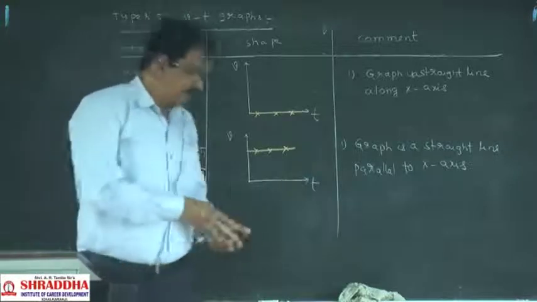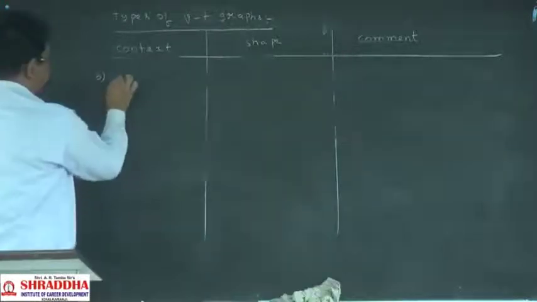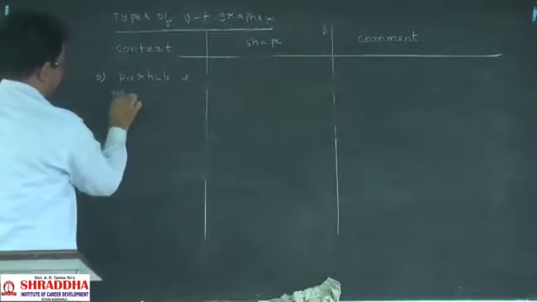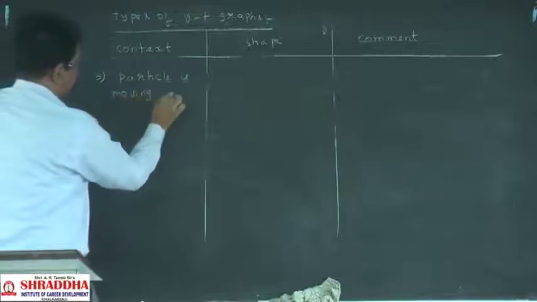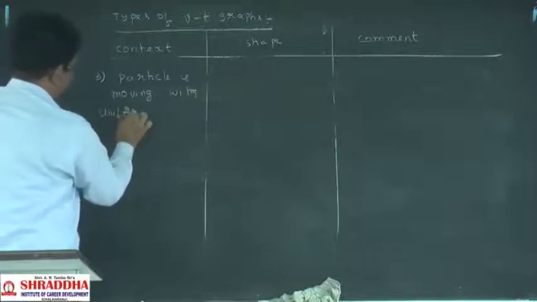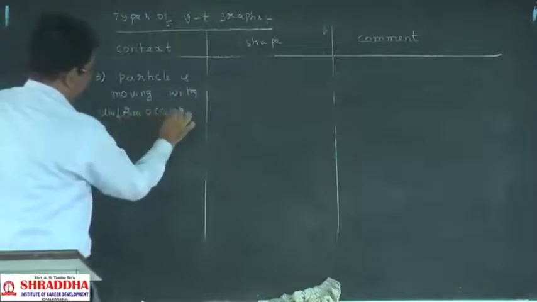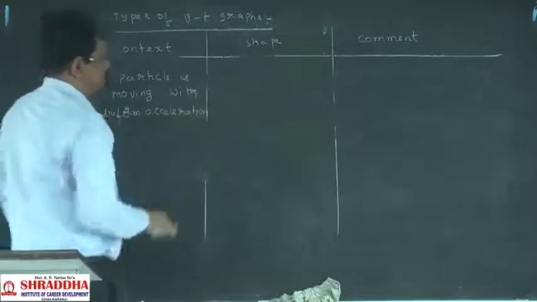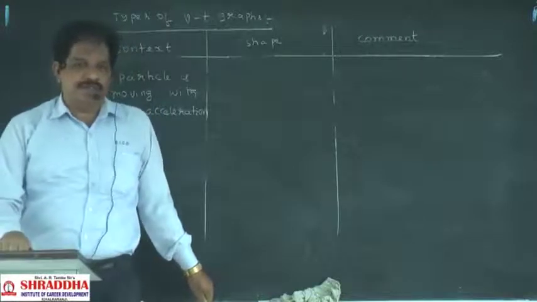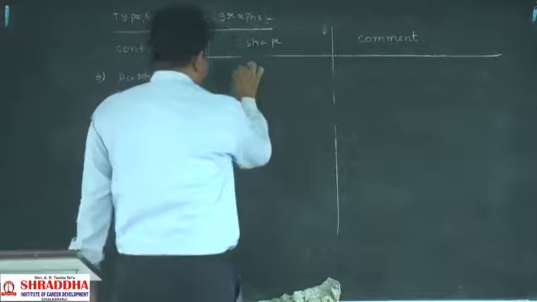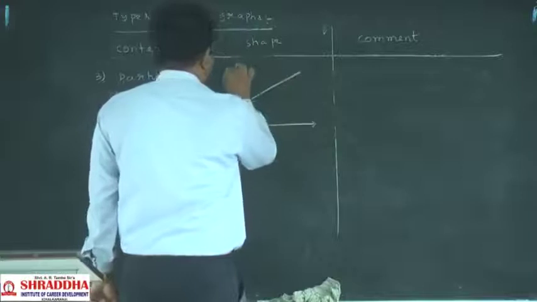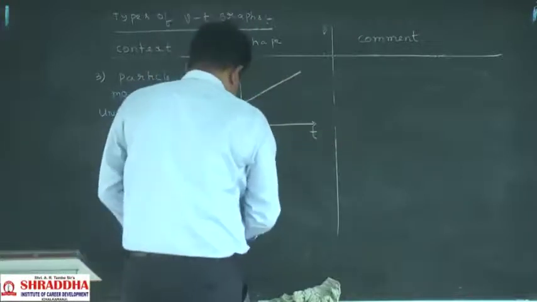Okay. Next, third one. Particle is moving with uniform acceleration. Then what will be the shape of the velocity time graph? It will be like this.